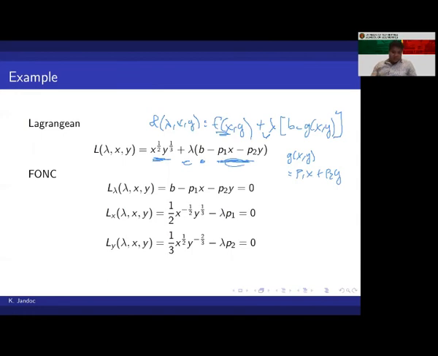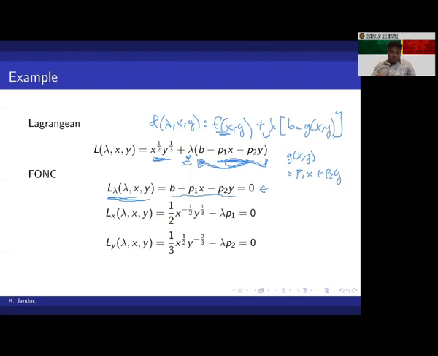Great, so that's the Lagrangian. The first order necessary condition says that you take the gradient, or the first order partial derivatives, of this Lagrangian with respect to lambda, x, and y, and then you equate them to 0. The first order partial derivative of the Lagrangian L with respect to lambda, lambda only appears here, so this is b minus p1x minus p2y, then you equate it to 0.